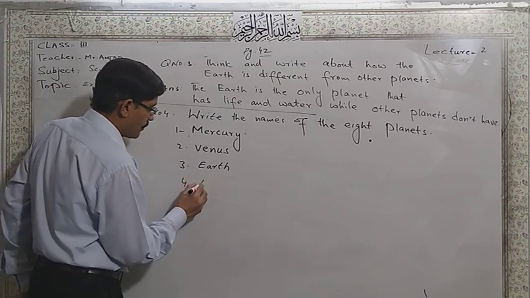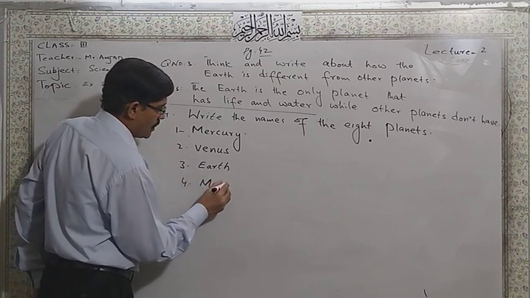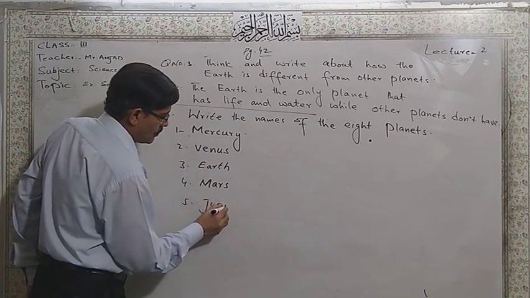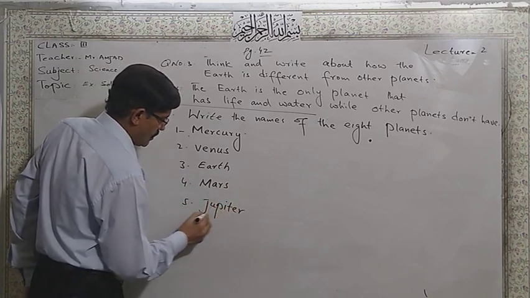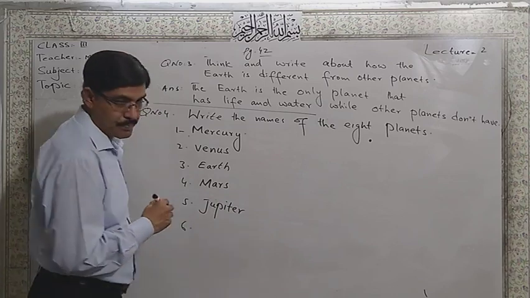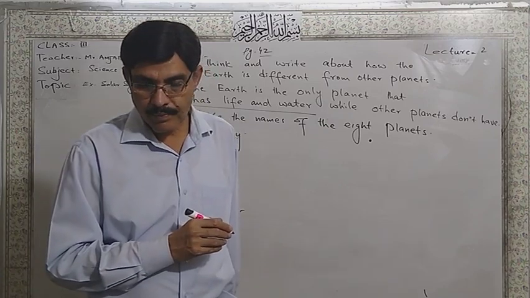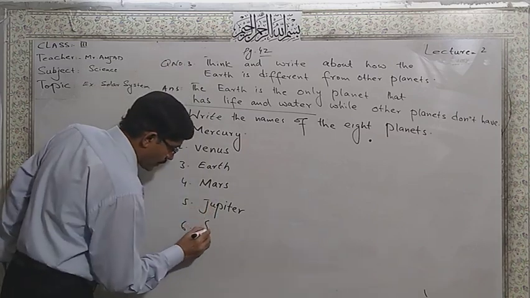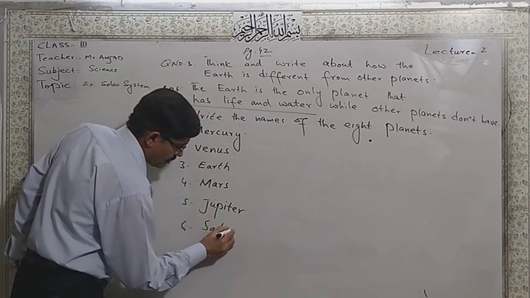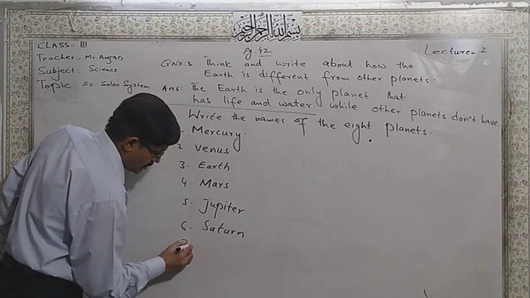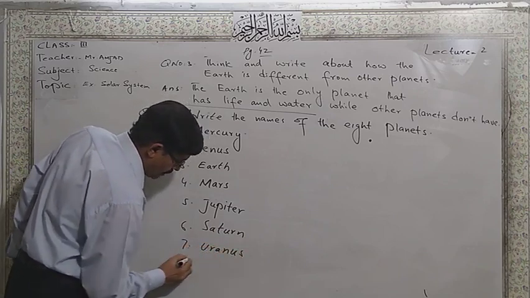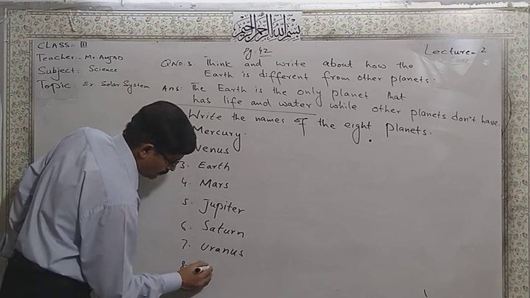Number 5, Jupiter. Number 6, Saturn. Uranus, and the last one, Neptune.